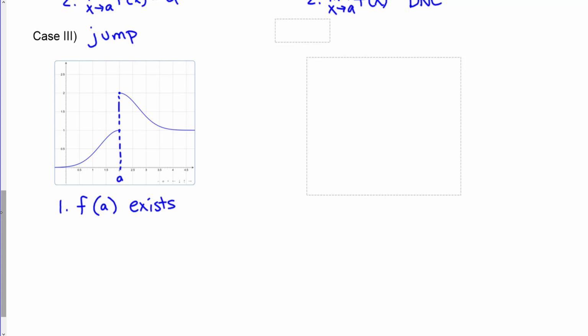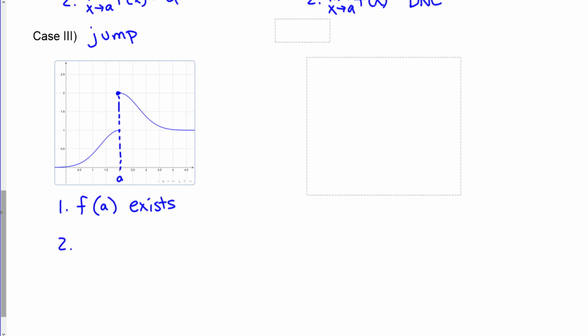The reason that the function evaluated at a exists is because I have this solid circle right up here which gives me the existent value, and if I look across on the y, that tells me the y value that it corresponds with. So f(a) actually does exist here.